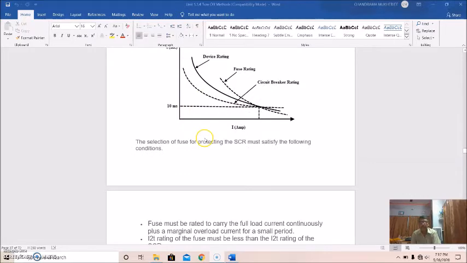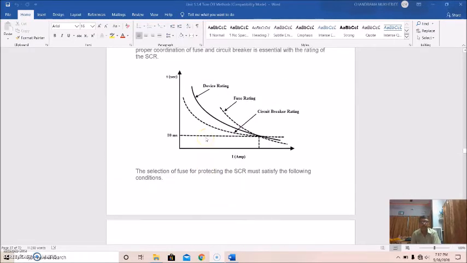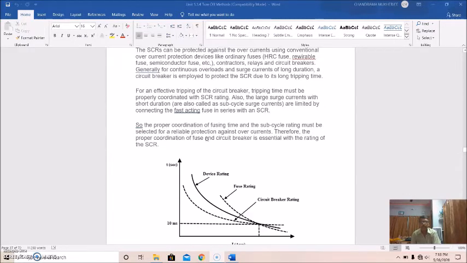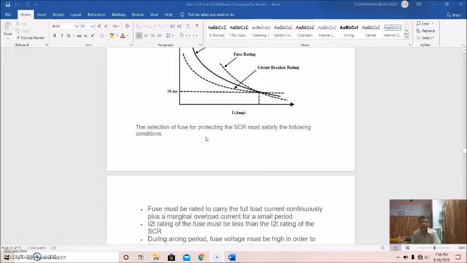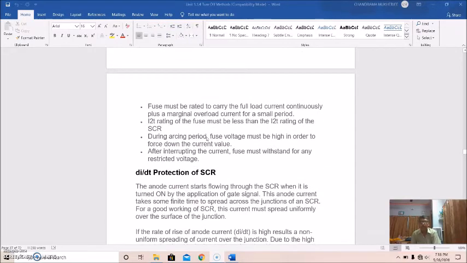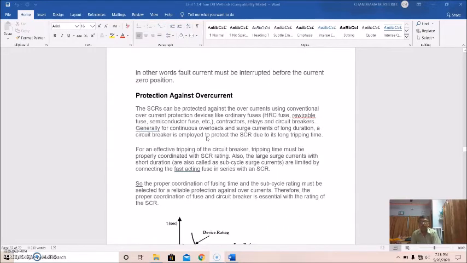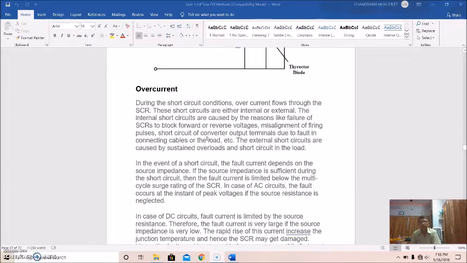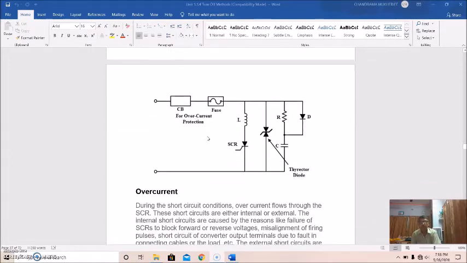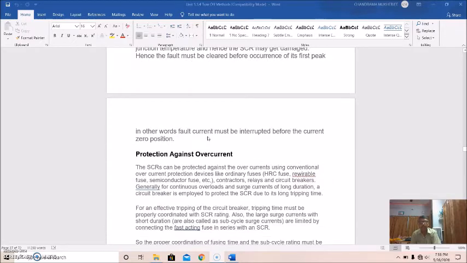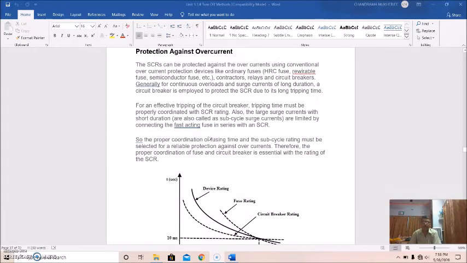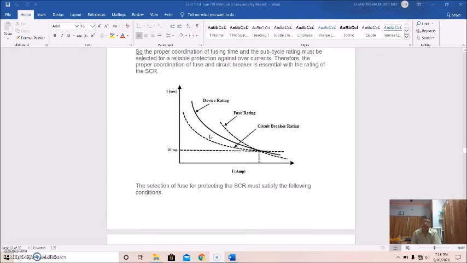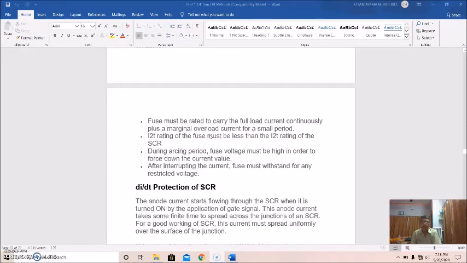So that's all about protection against overcurrent. So far we have discussed overvoltage, its causes, overcurrent, and protection against overvoltage. Now we'll come to the point of di/dt protection of SCR.